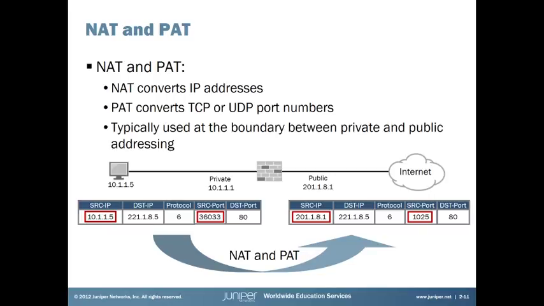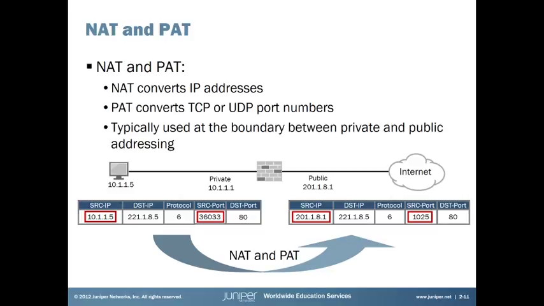Now, the other things that a firewall will do is NAT and PAT. We did cover this when we did our CCNA, if you remember back there. But essentially, what we can do is we can take a source port address, translate that to a destination address or a source address. Either way, we can do source NATing, destination NATing. We can take a source address.